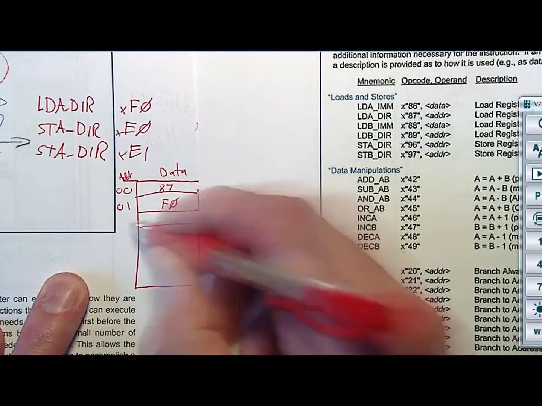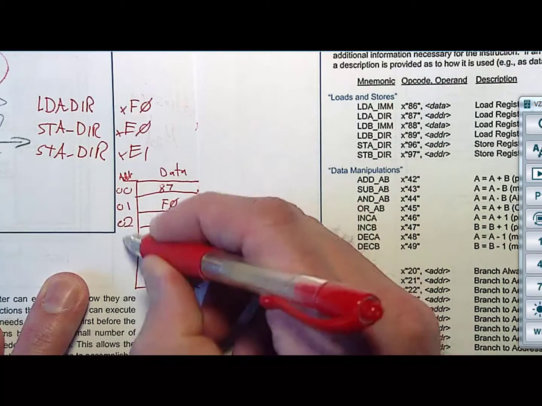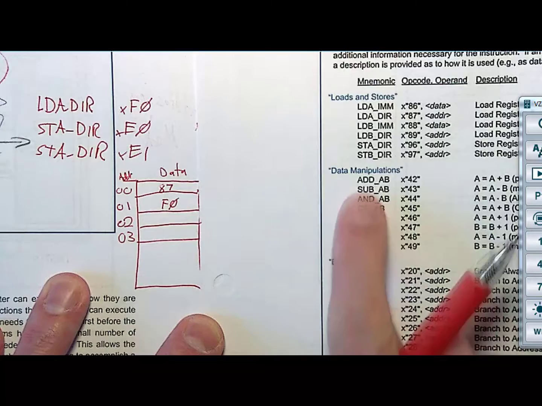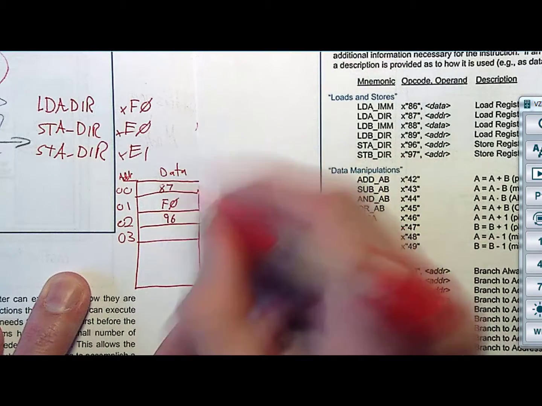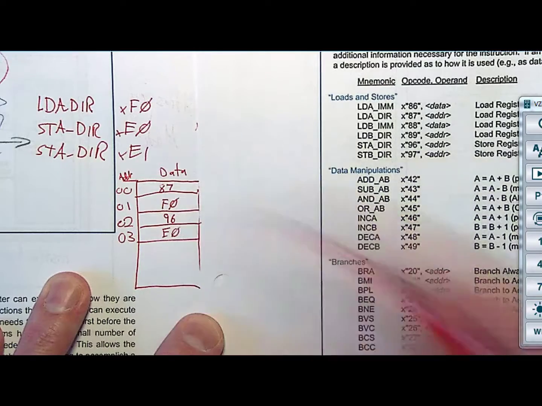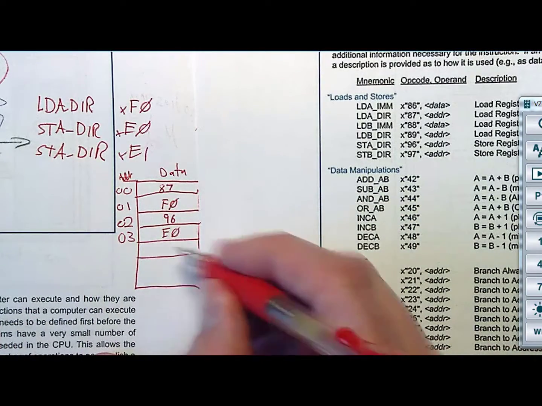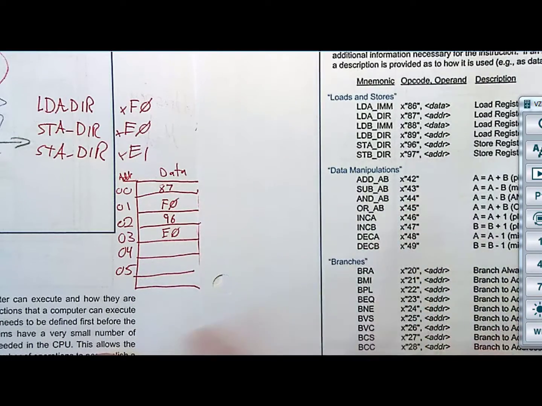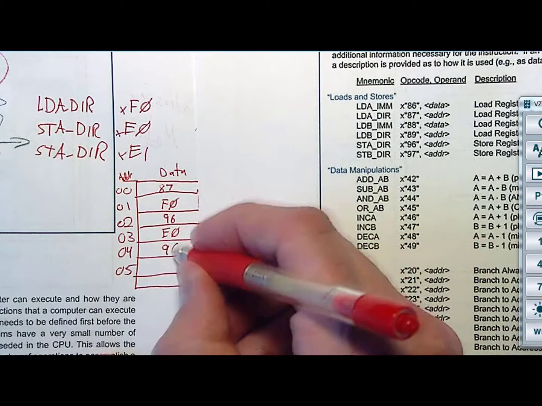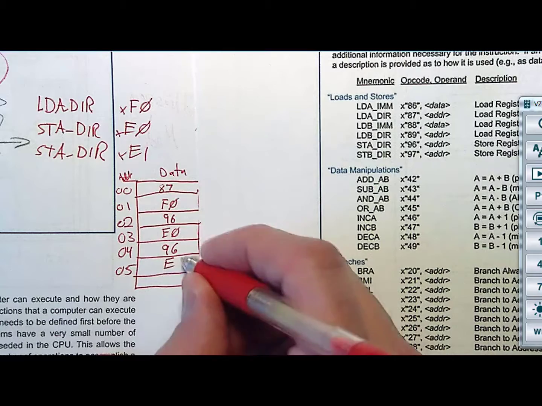Then I'm going to have 02 and 03, which are going to be a store A direct. That's a 96 opcode followed by the operand, which is E0. And then I'm going to do 04, 05, and that's going to be another 96 followed by an E1.